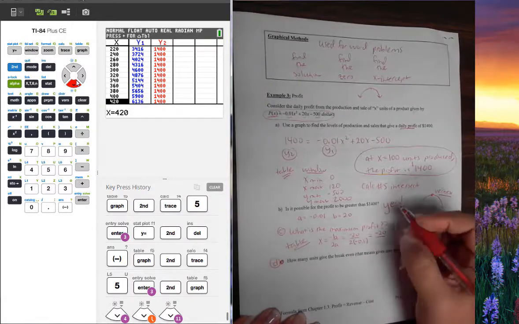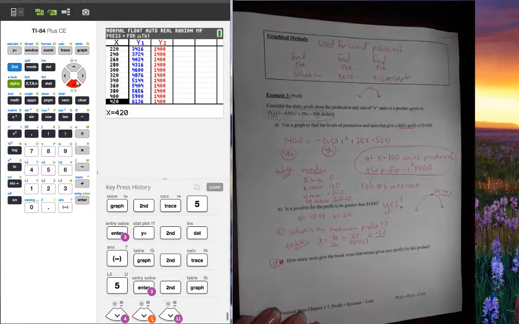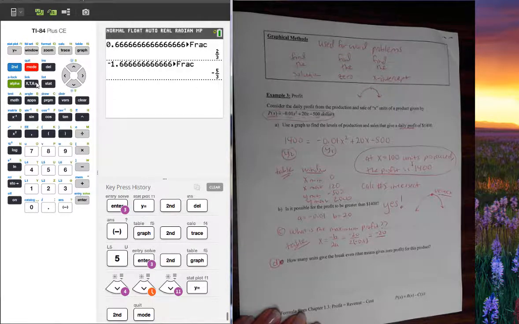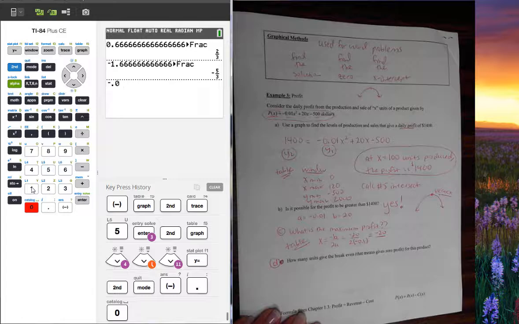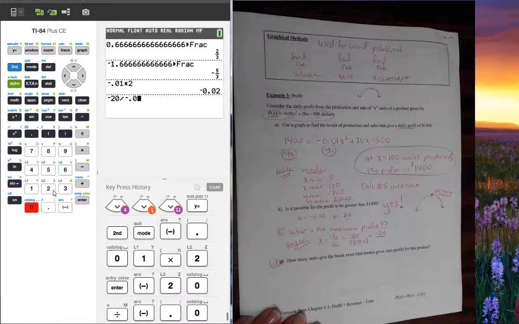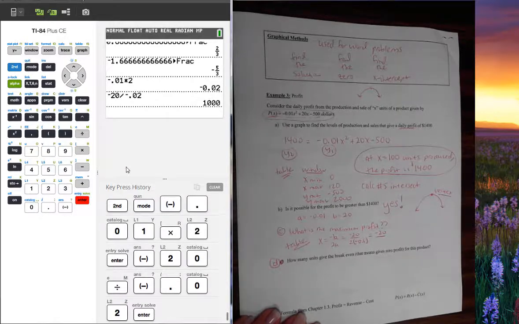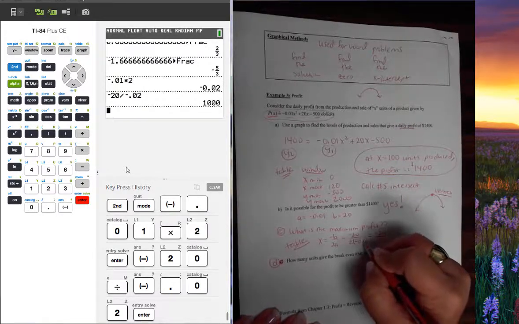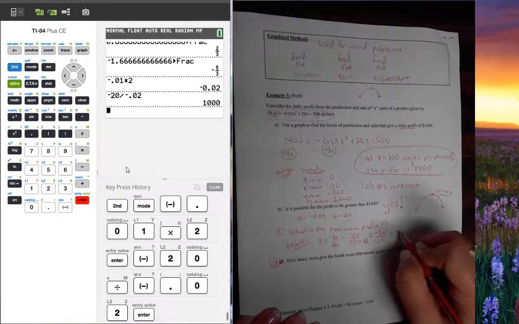Negative of 20 over 2 times negative 0.01, I didn't put my 0 on there, did I. Negative 20 divided by that, negative 0.02, and I get 1,000.